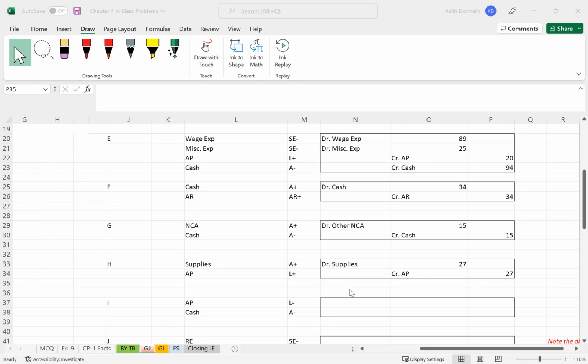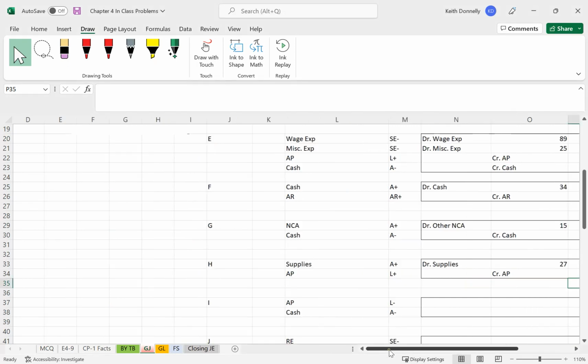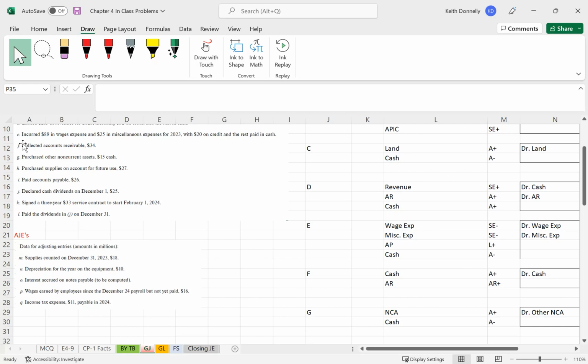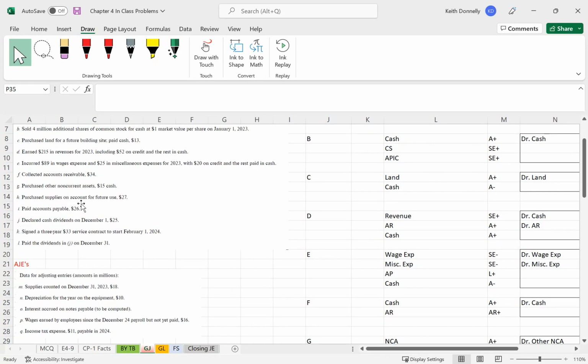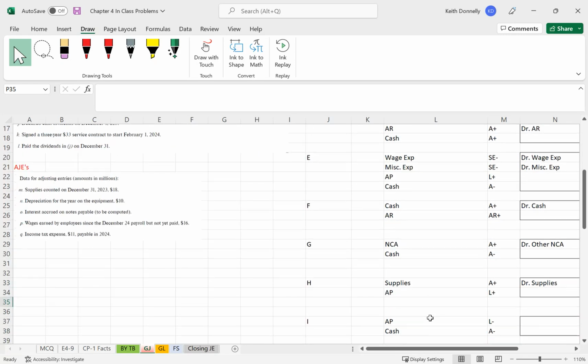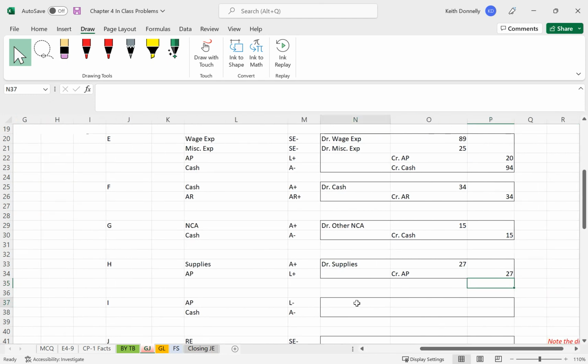Continuing here, let's look at I. I says we paid accounts payable of 26, right? So we owed some people money and we paid it off. We're going to debit account payable, credit cash for 26.